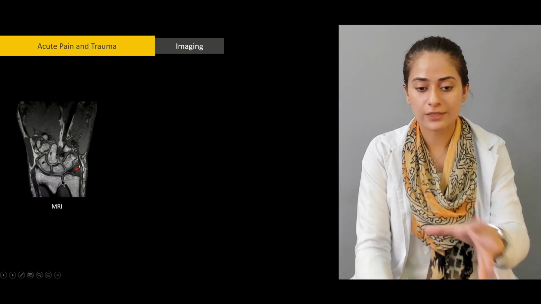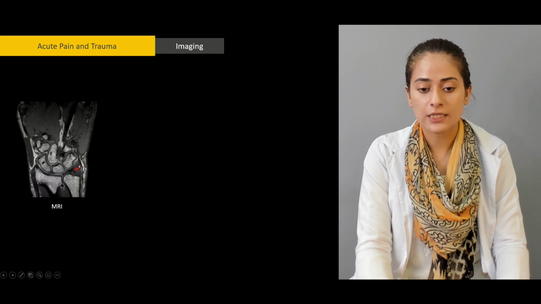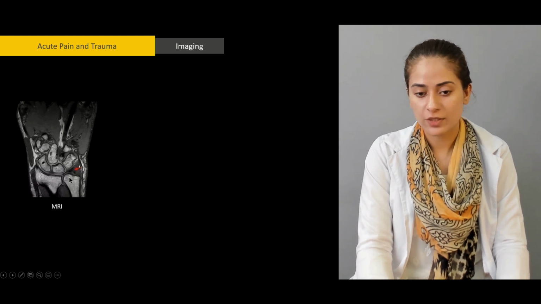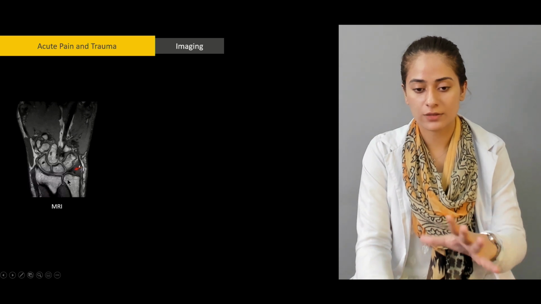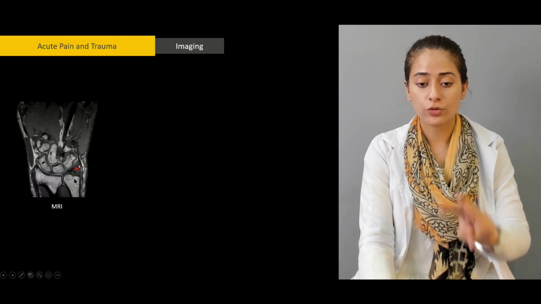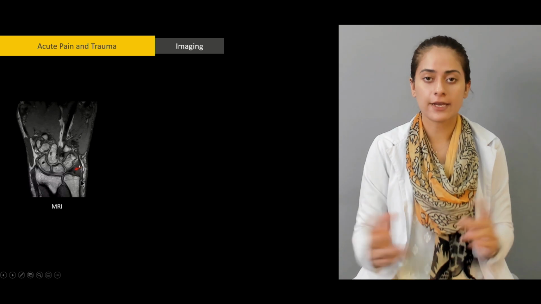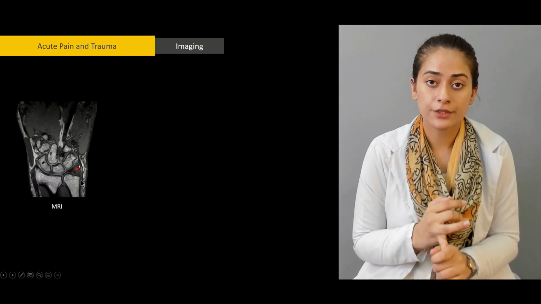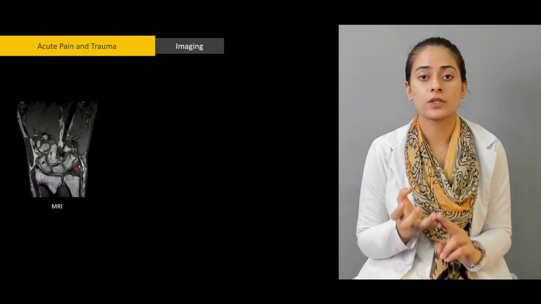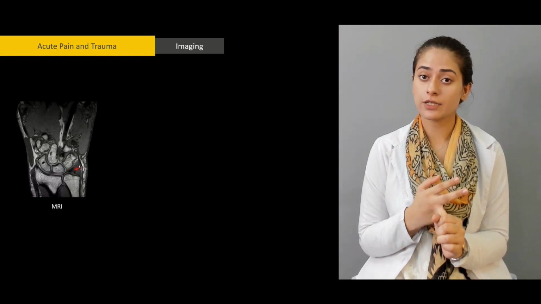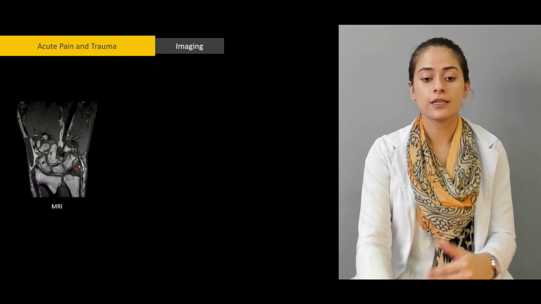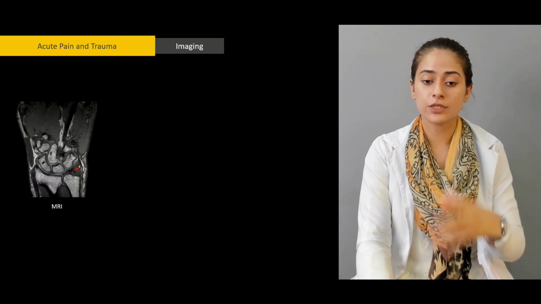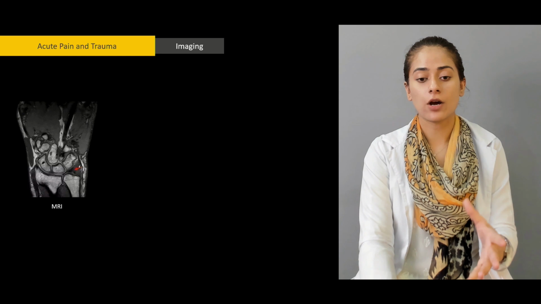So in this specific case, the radio-ulnar ligament seems to not be involved. So the other 3 ligaments, the ulnar collateral ligament, the ulno-lunate ligament and the ulnotriquetral ligament, are involved.